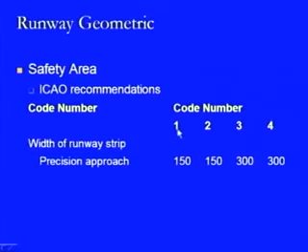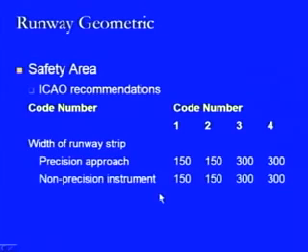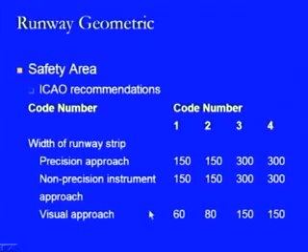If we have the categories of the airports as 1, 2, 3, 4, then this value is provided as 150 meters, 150 meters, 300 meters and 300 meters. In the case of non-precision instrument, it remains the same. And for visual approach the values decrease and they become 60 meters, 80 meters, 150 meters and 150 meters.